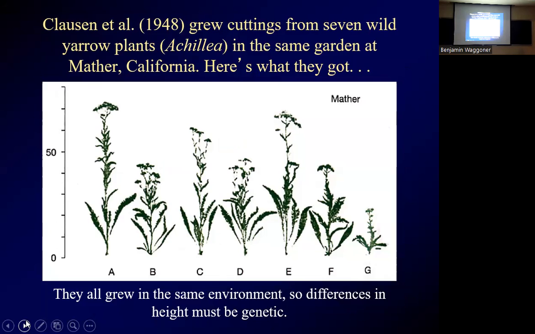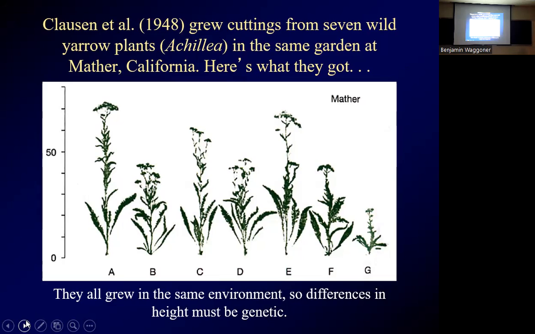Yarrow in the genus Achillea, one particular species, Achillea millefolium, is edible and sometimes used medicinally as well. I used to grow it a long time ago. And so they went out and collected cuttings from 7 wild plants and grew them in the same garden at Mather, California. And this is an example of what we've called a common garden experiment.